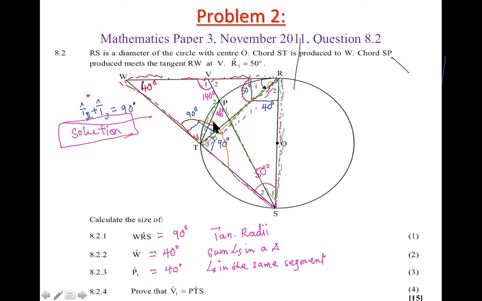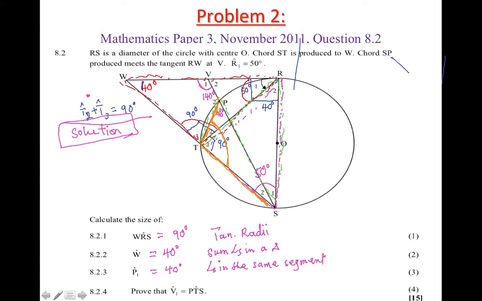Is that the angle, Lennis? Yes. Okay. Let me just put some more ink there so that it doesn't confuse all of us. Good. So now we are to prove that angle PTS is equal to angle V1.